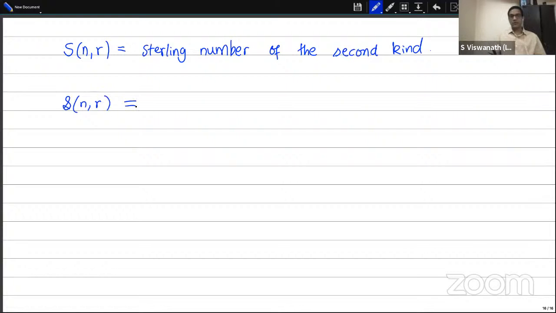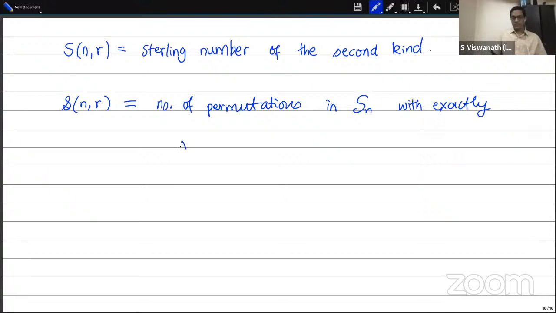That's something which should have come up in everything that you have done until now, especially when talking about groups and permutation groups. So s(n, r) is the following. It's the number of permutations in S_n, the symmetric group, whose cycle decomposition contains exactly r cycles.